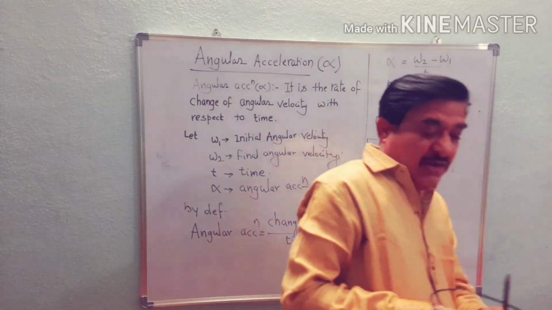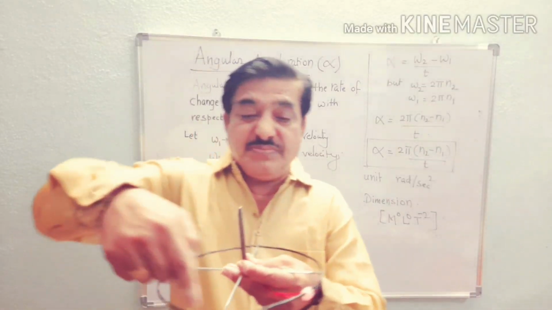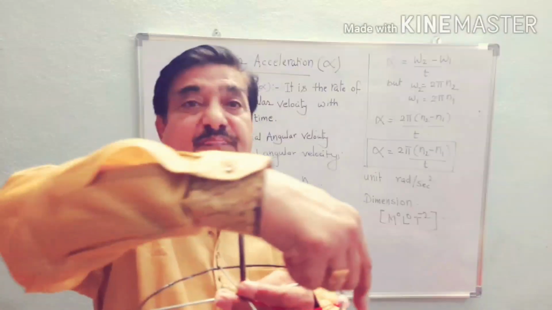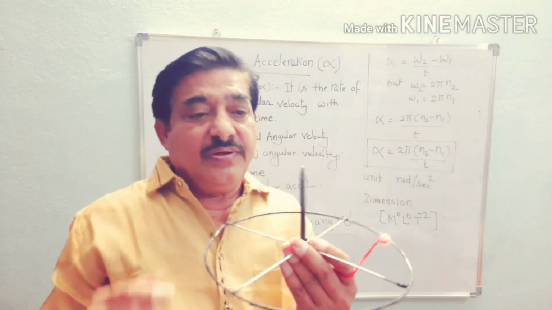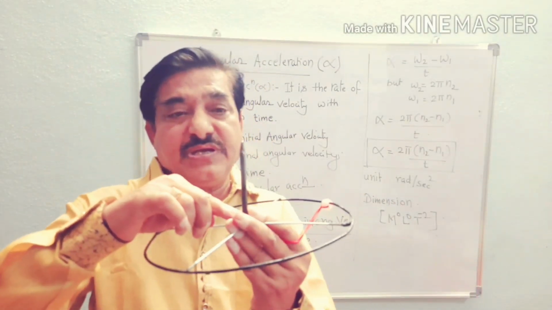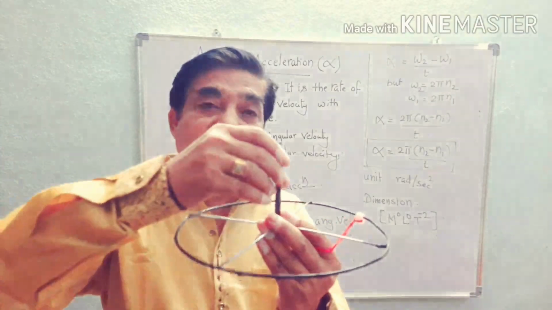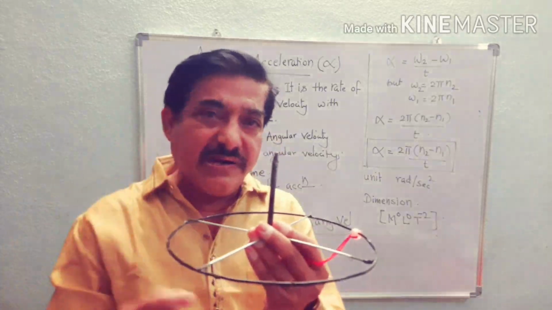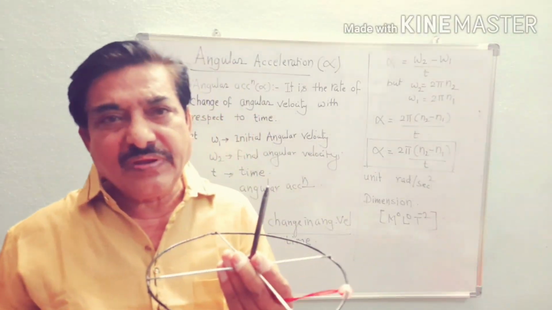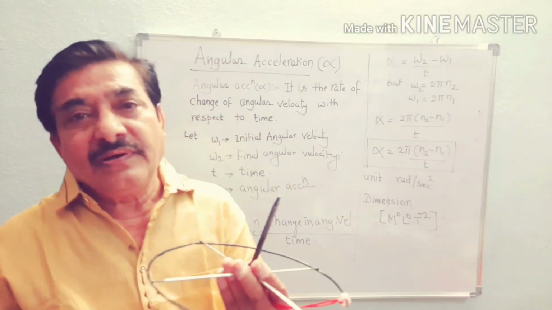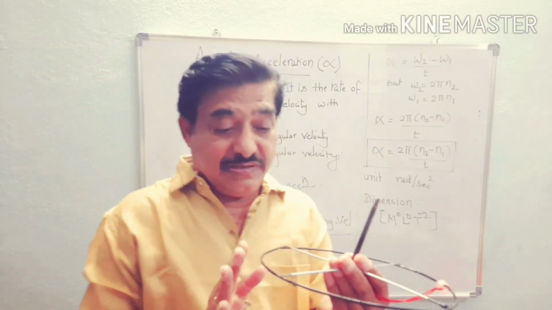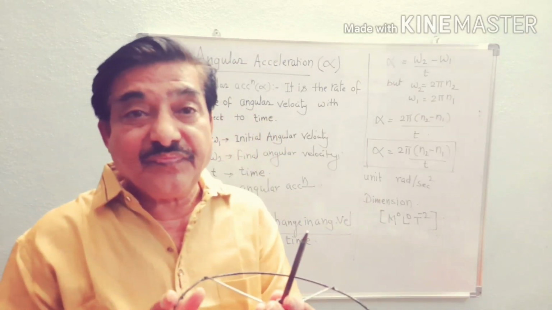So, no doubt, angular acceleration is always perpendicular to the plane of the circular motion. So, if this particle performs a circular motion, then angular acceleration will be perpendicular to the plane of circular motion. It will be in an upward direction or in a downward direction. But the sign conventions are slightly different.